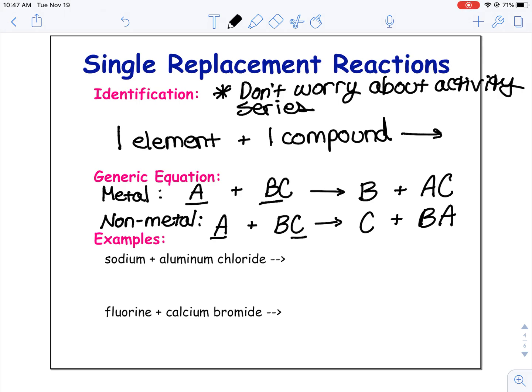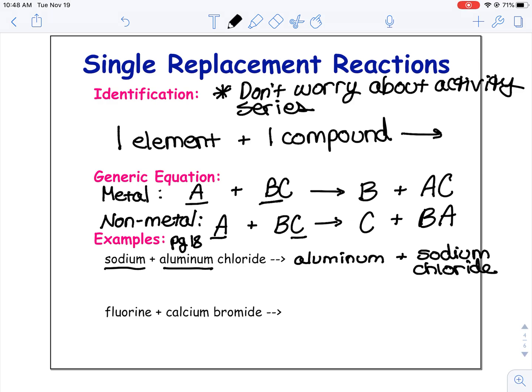So in this first example, which is on page 18 in your packet, sodium is a metal. So sodium is going to trade places with the first thing listed in the compound, which is aluminum. So over here, you're going to end up with aluminum by itself and the sodium bonded with the chloride ion.